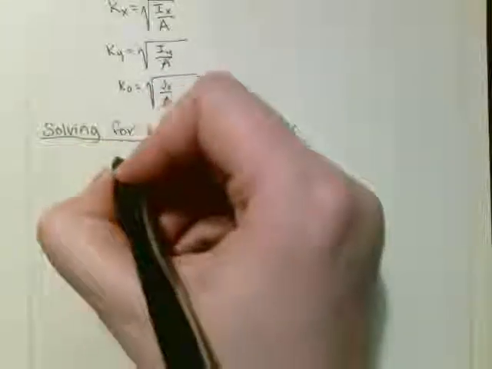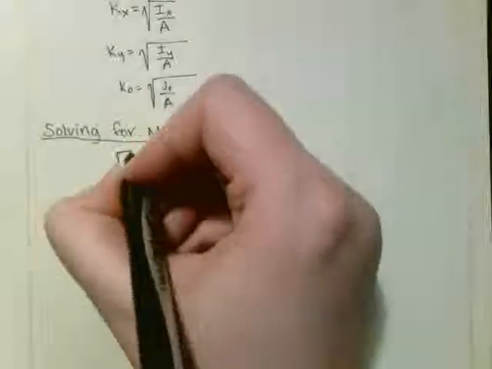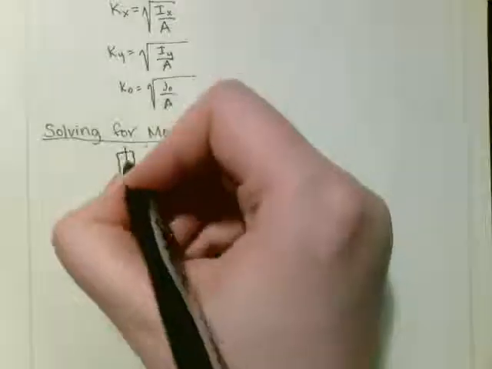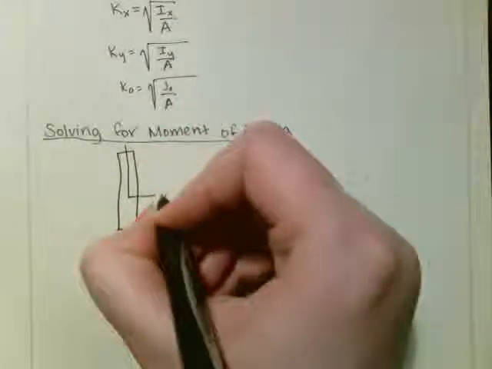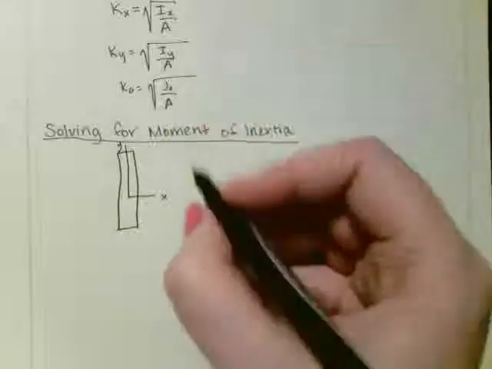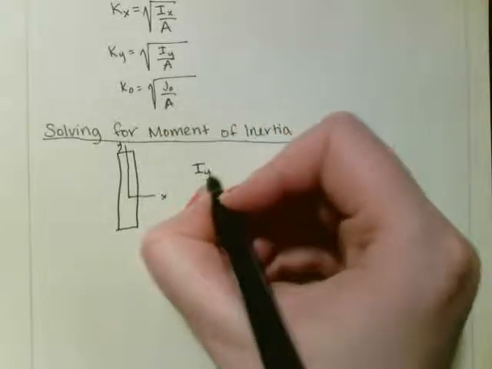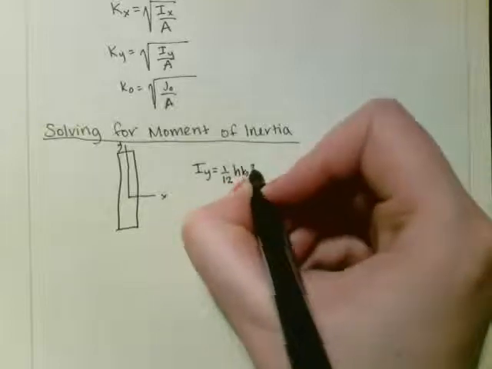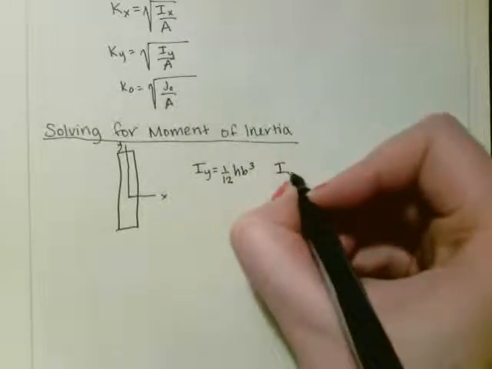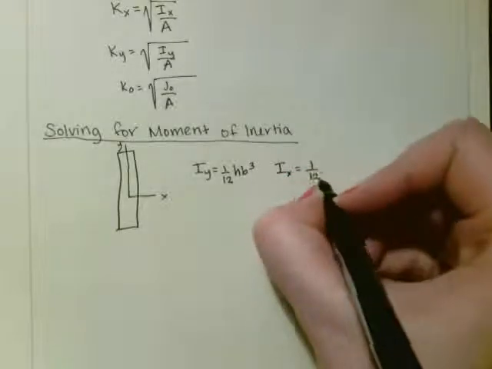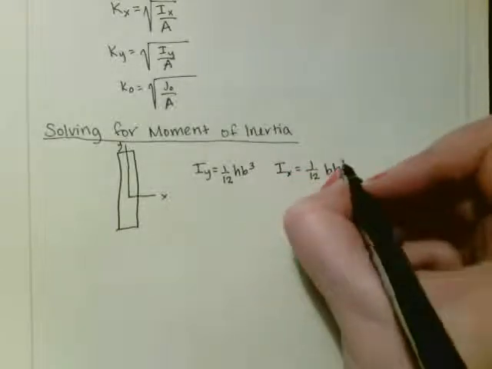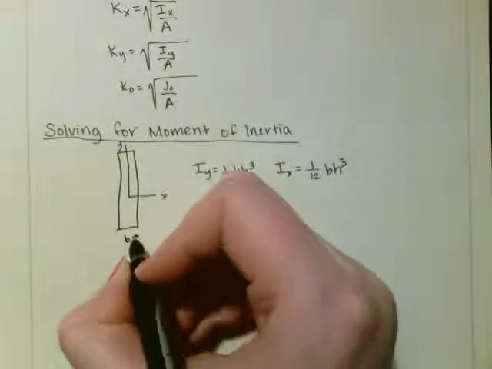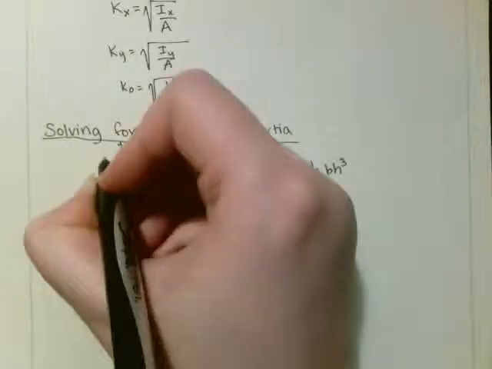So if we were to look at the rectangle, and we had our x and y axes going through the centroid, we would find that Iy is equal to 1/12 h b cubed, and Ix would be equal to 1/12 b h cubed. So this is your base, and this is your height.